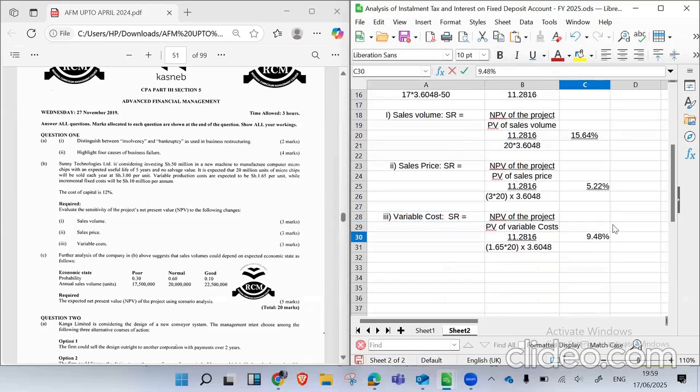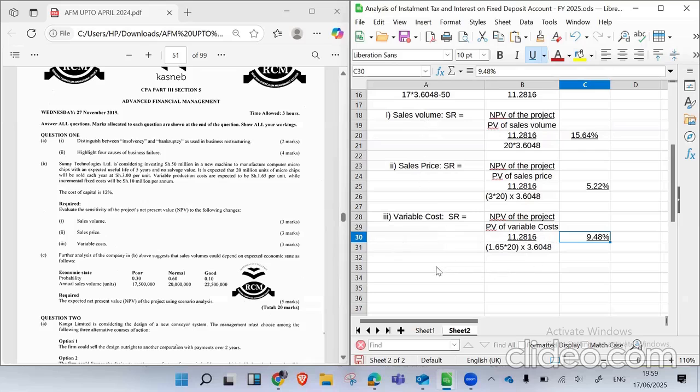Thank you. So that is the 9 marks. NPV of the project divided by the present value of the decision variable. So it depends what decision variable we are considering. In our case, we have the sales volume, sales price, variable cost.